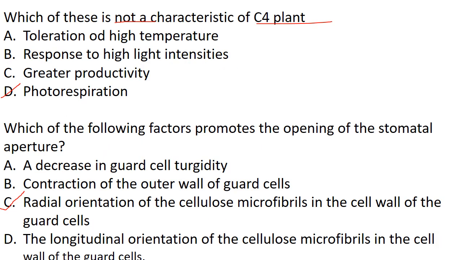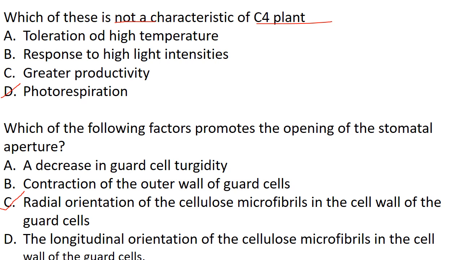Then next one. Which of these is not a characteristic of C4 plants? Toleration of high temperature. Here it is not OD, it is a typing mistake. Toleration of high temperature, response to high light intensities, greater productivity and photorespiration. They have asked which is not a characteristic of C4 plant.